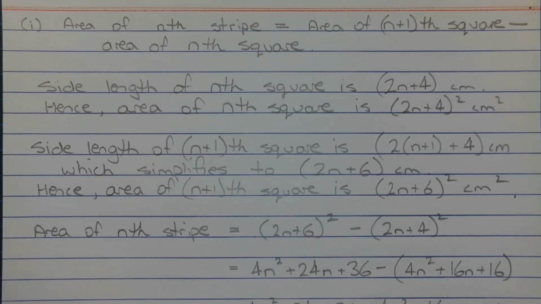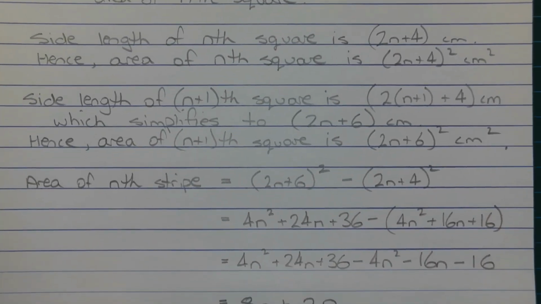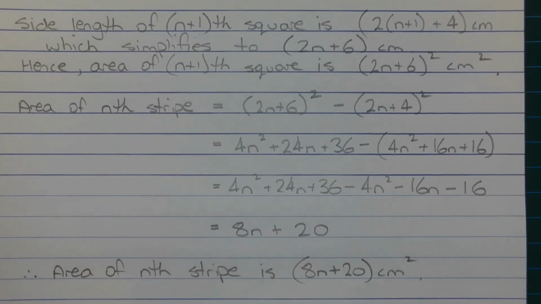Expanding the brackets using perfect square expansion, that equals 4n squared plus 24n plus 36 minus (4n squared plus 16n plus 16). So expanding the brackets here, we get 4n squared plus 24n plus 36 minus 4n squared minus 16n minus 16.